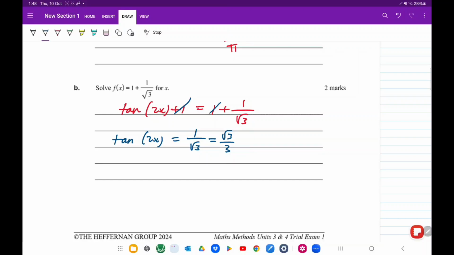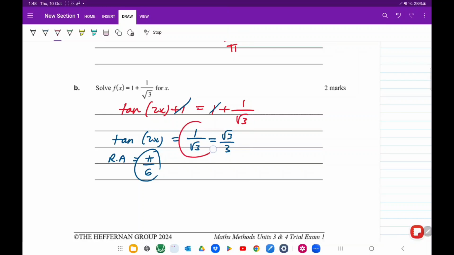Now, we've got to work out what the basic angle, or the reference angle, is. Where does tan equal root 3 on 3? At pi on 6. Now that we've got the reference angle as pi on 6, we have to look at which quadrants this exists in.